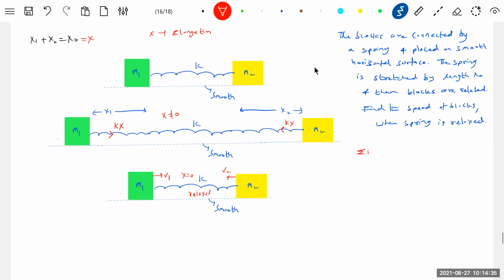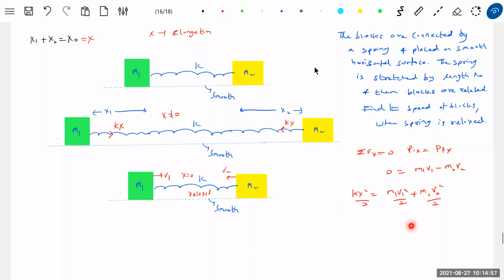So initial momentum equals final momentum, 0. So m1 v1 minus m2 v2 equals 0. Then kx naught square, or kx square, should be equal to the kinetic energy, half m1 v1 square plus half m2 v2 square. So mechanical energy is conserved.